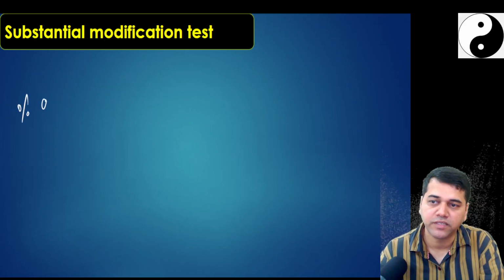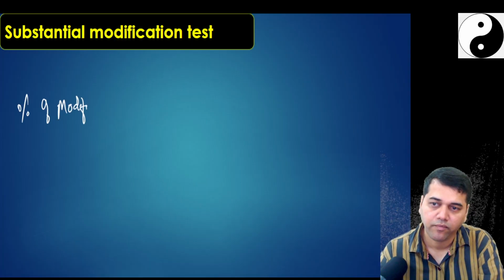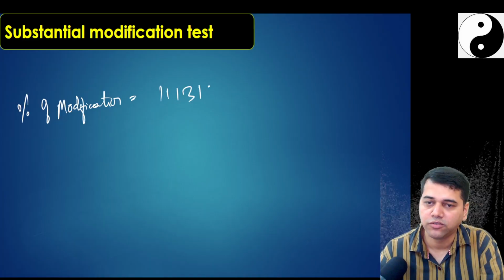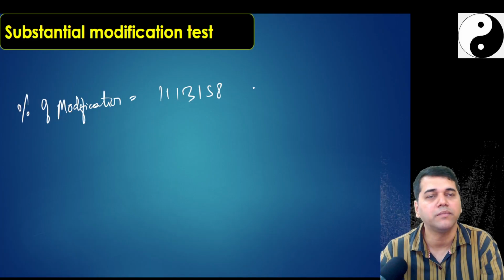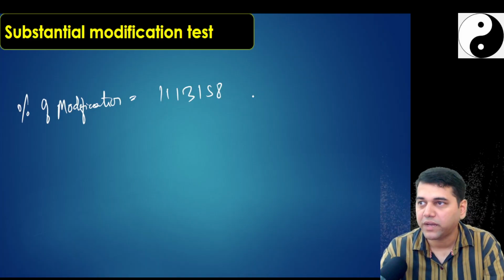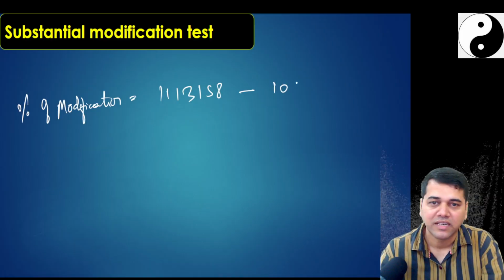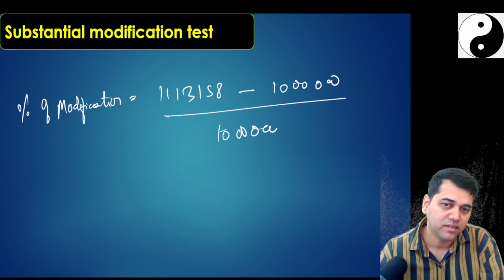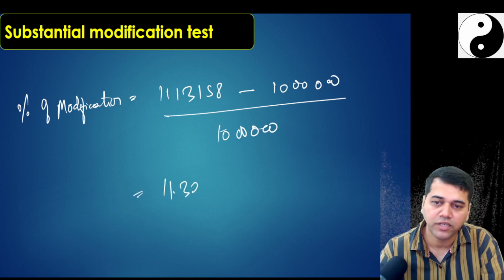So what is my percentage of modification? 11,13,158. It is my discounted price or new price, minus 10 lakh is my old price, divided by 10 lakh, gives me 11.32%.